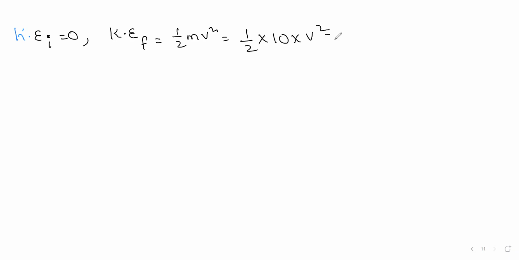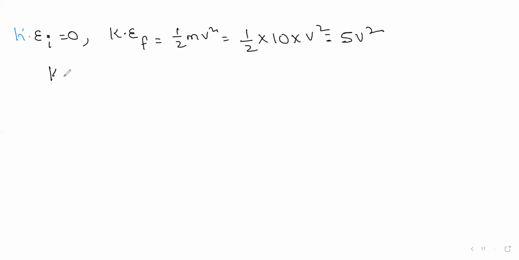Next. What is initial kinetic energy? 0, sir. Initial kinetic energy is 0. What is final kinetic energy? Half mv square. So half into m into v square, half into 10 into v square, which is 5 v square.